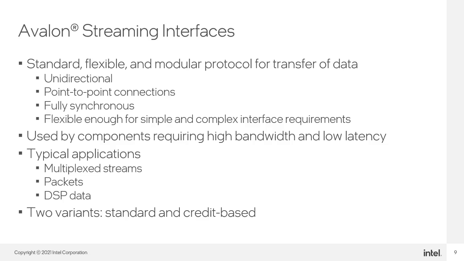Perhaps the biggest benefit of an Avalon Streaming interface is the ability to support high bandwidth data transfers with minimal latency. Avalon Streaming can be used anywhere you want to move data from one location to another quickly, but typical uses include multiplexed data streams of broadcast applications, packetized data from networking applications, and DSP data from video applications. There are two variants of the Avalon Streaming interface, standard and credit-based.